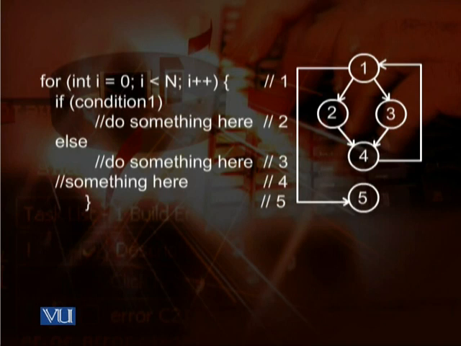Now the question is, how many different paths are there? If you look at this program carefully, there are two possible branches. That means every iteration we have two choices: we can go from 1 to 2 or from 1 to 3. So if we have n iterations, there are going to be 2 to the power n different choices.